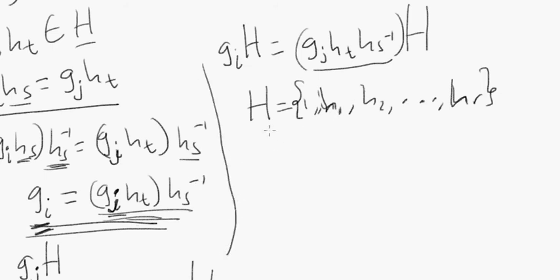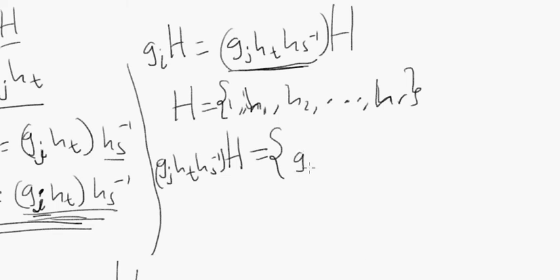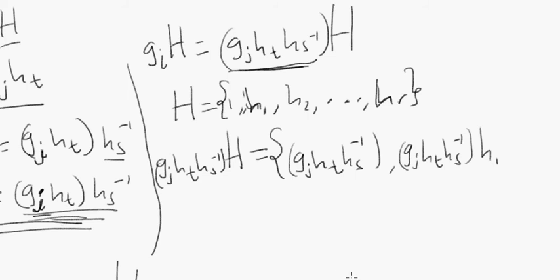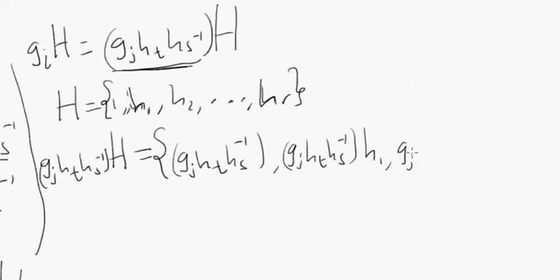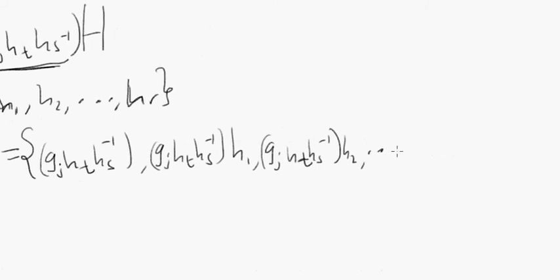Well, exactly as you guessed, it's gonna be GJHT times HS inverse multiplied by H. But that's really equal to, you guessed it, GJHT HS inverse, comma, GJHT HS inverse times H1, comma, GJHT HS inverse times H2, all the way up to GJHT HS inverse times HR, right?